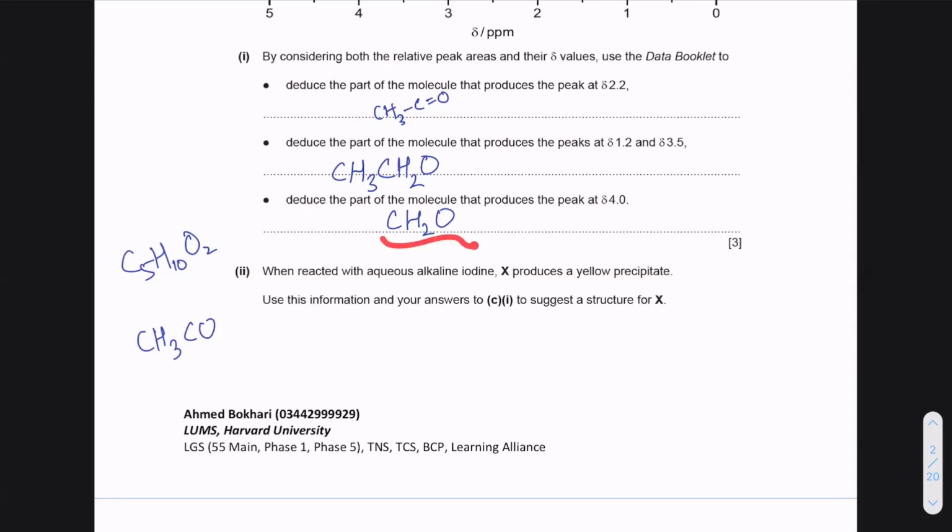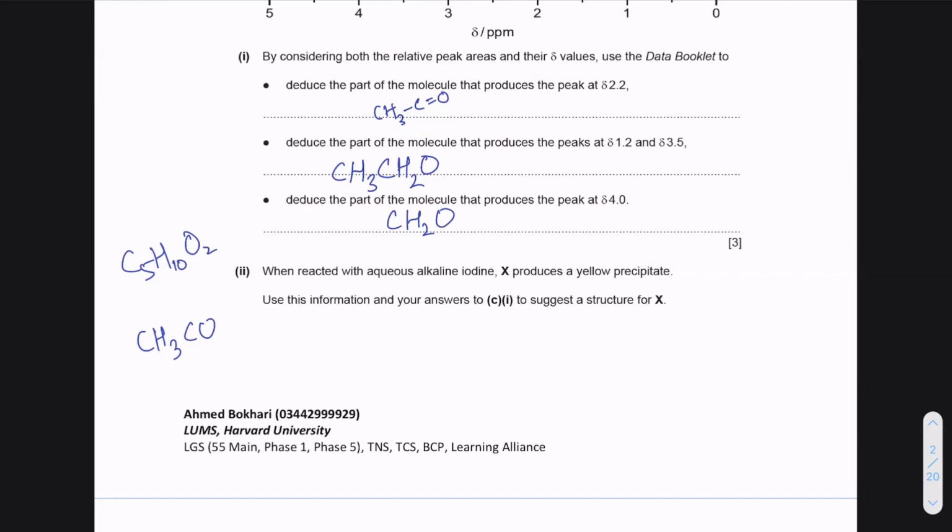This CH2O may be attached to this CO. So let me break it down. So basically हो क्या रहा है? I have a jigsaw puzzle here. मेरे पास एक पीस ये है, एक पीस ये है, एक पीस ये है. क्योंकि clearly आप देखो 1 2 3 4 5 कार्बन्स मेरे पास हैं और 2 ऑक्सीजन मेरे पास हैं. ठीक है? तो मुझे अब इस जिक्सॉ पजल को कंबाइन करना है.